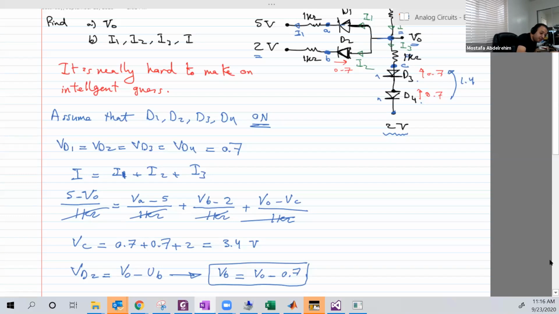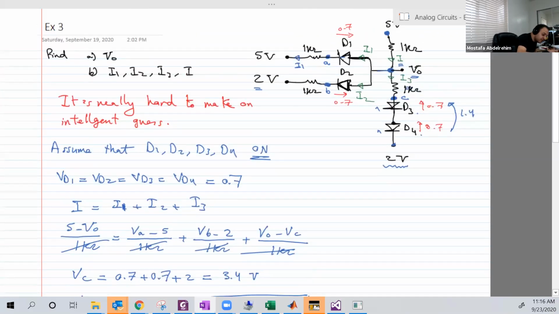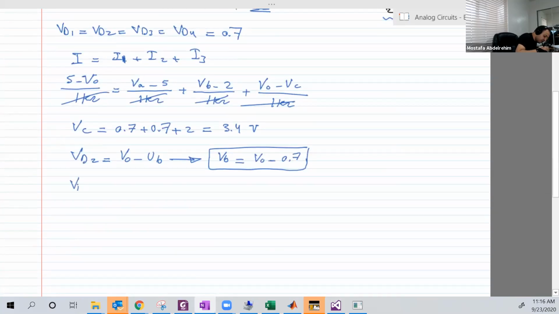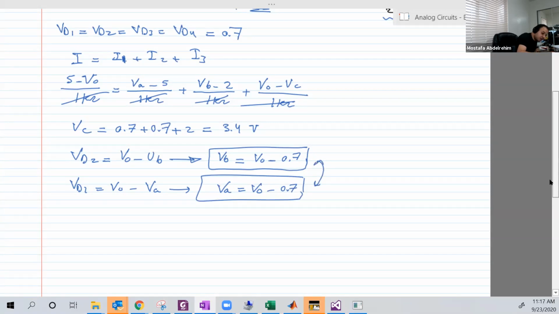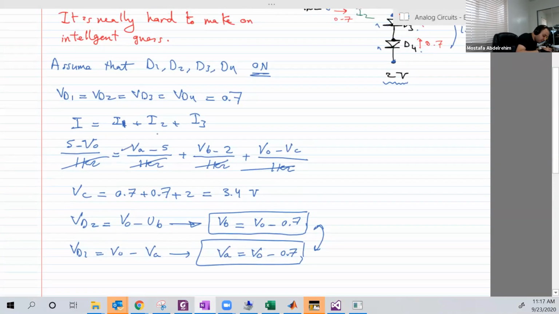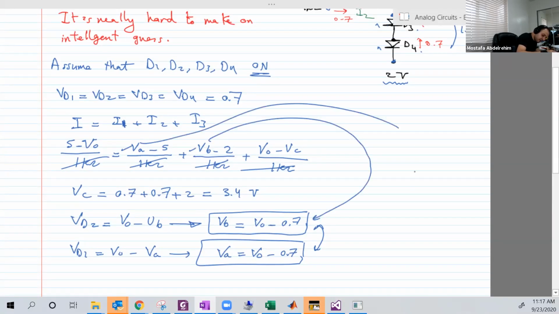The same is said for VA. If this is on, based on our assumption, this should be larger than this by 0.7. So VD1 is equal to, again, VO minus VA this time. So VA again is equal to VO minus 0.7. So we take these two equations and remove VA and VB and put instead their equivalents.